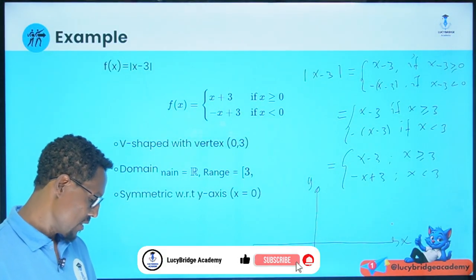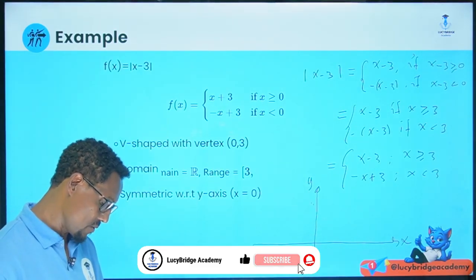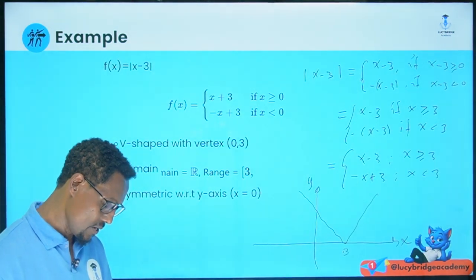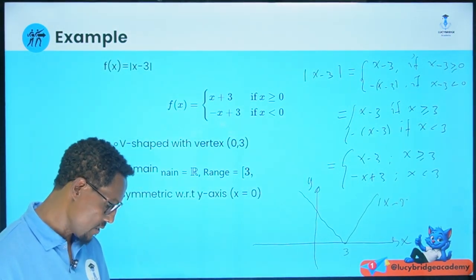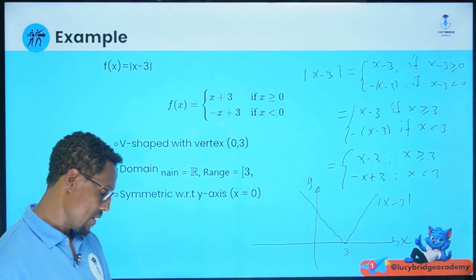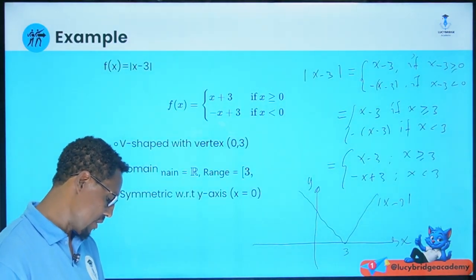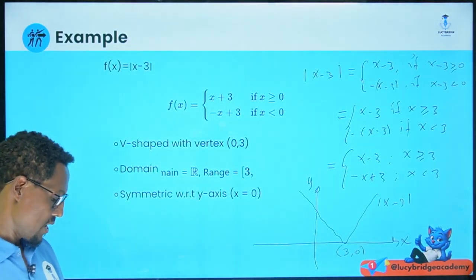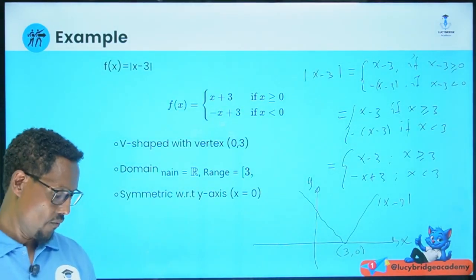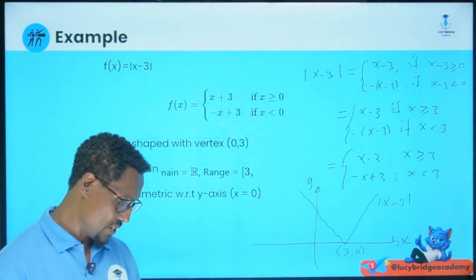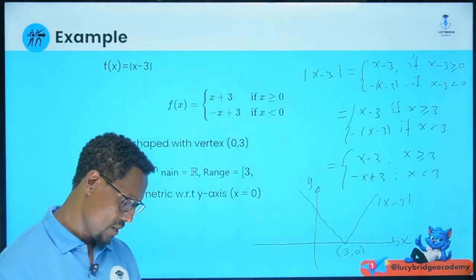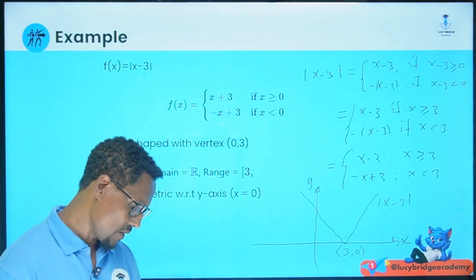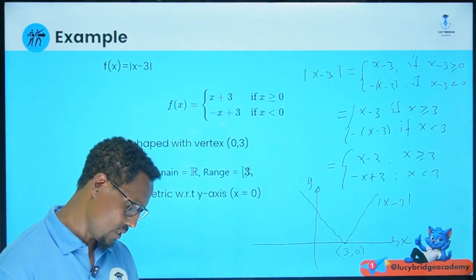It shifts 3 units to the right. So our graph is like this. This is 3, so this is the absolute value of x minus 3. It is v shaped, the vertex is 3,0, and domain is the set of all real numbers. The range is from 0 to positive infinity.